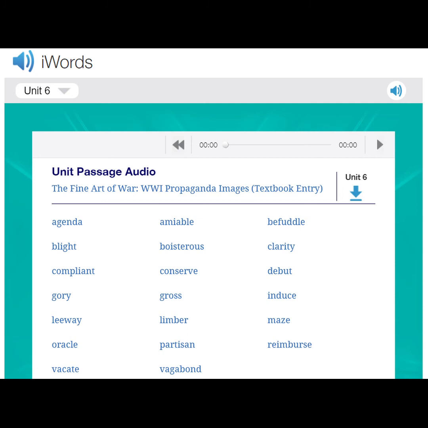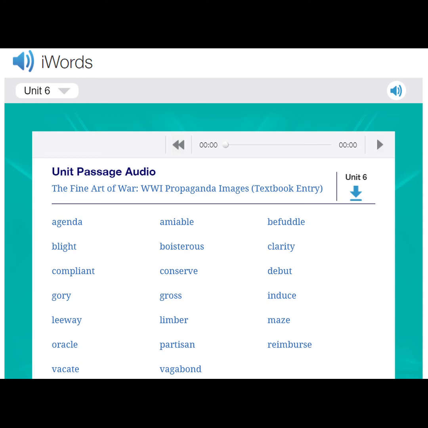Partisan. Partisan functions as two parts of speech. It can be used as a noun that has several meanings, including a strong supporter, one whose support is unreasoning, or a resistance fighter. During World War II, partisans in many European countries courageously opposed the Nazis.